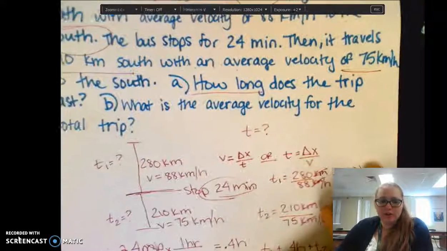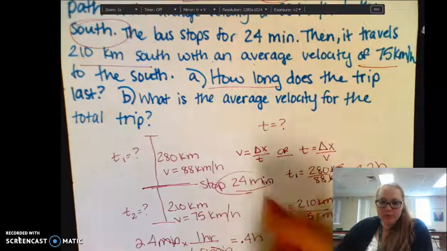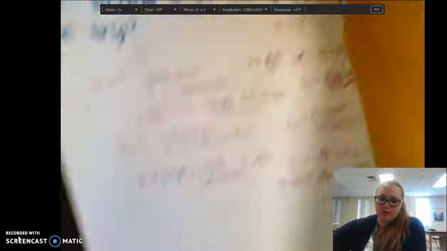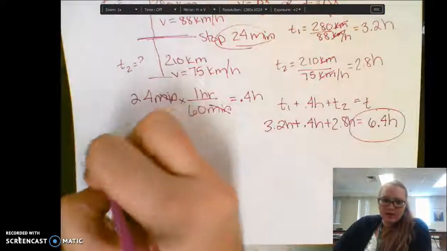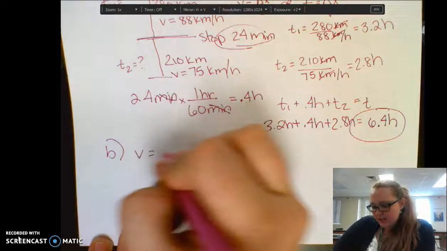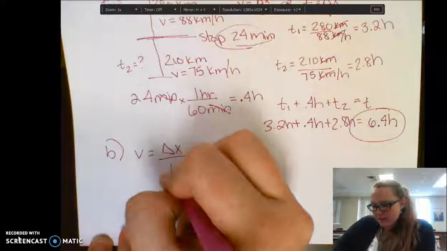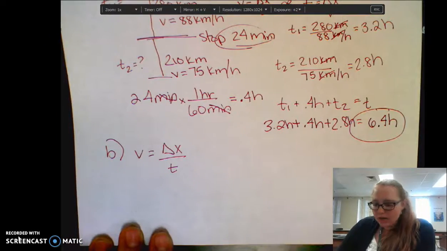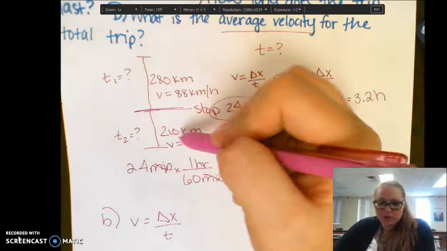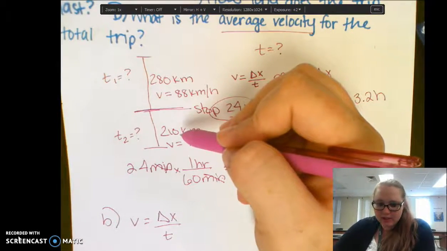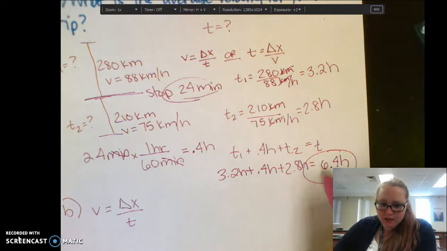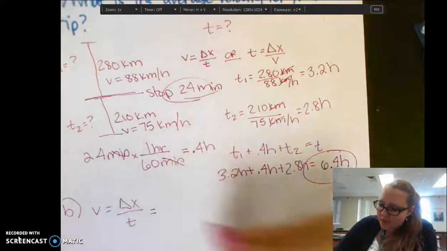Now, if we go back and look at part B, it says, what is the average velocity for the whole trip? So now we're looking for average velocity. Well, we know that velocity equals our displacement over time. Now we have a total time. We can add up 280 and 210 to get our total displacement, divide by 6.4 hours, which is the total trip time, and we'll have our average velocity.